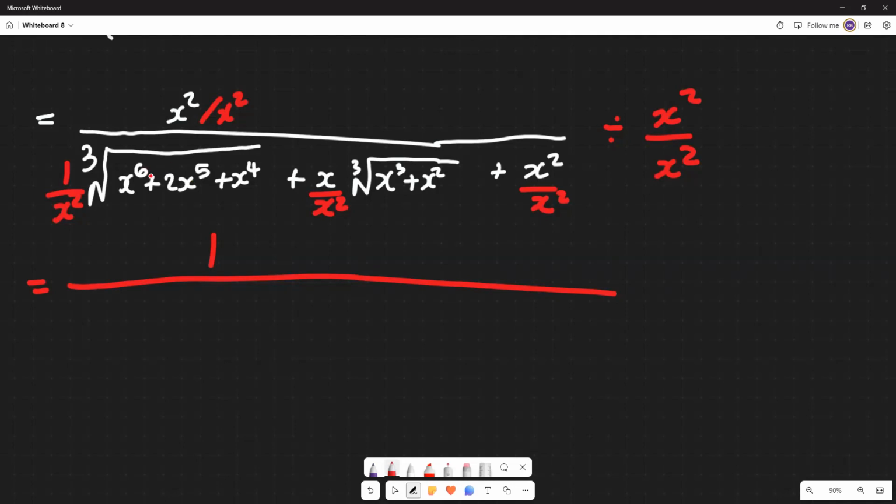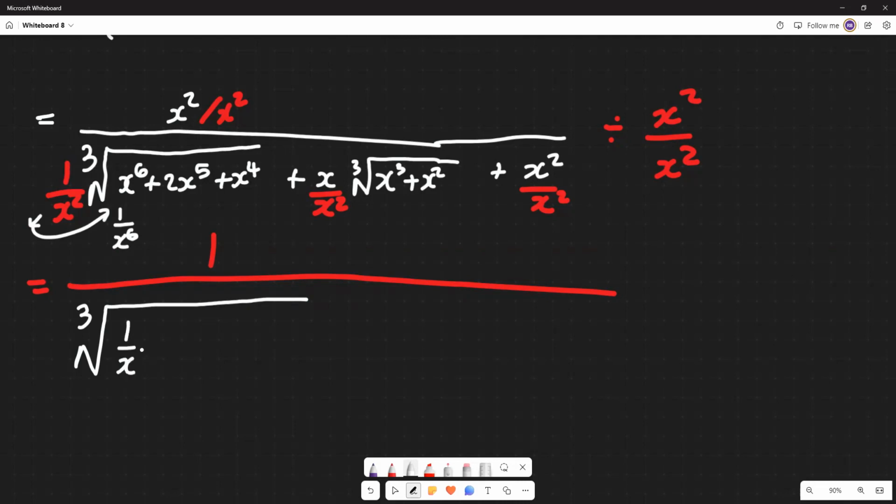We are now going to have this. I'll show you something now. I'm going to have cube root of, if I need to take this back inside, I need to multiply it by to the power of 3. So if it's inside, it's going to be 1 over x to the power 6, because 1 to the power 3 is 1, x squared to the power 3 is x to the power 6.